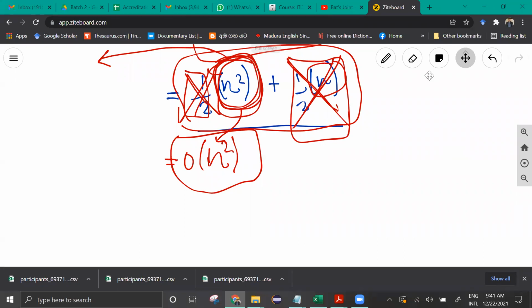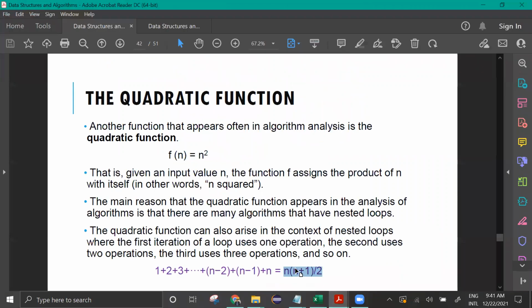Is it clear? Right? So quadratic function. In the quadratic case, we consider it could be n squared or something like this. These types of things are also considered as n squared.